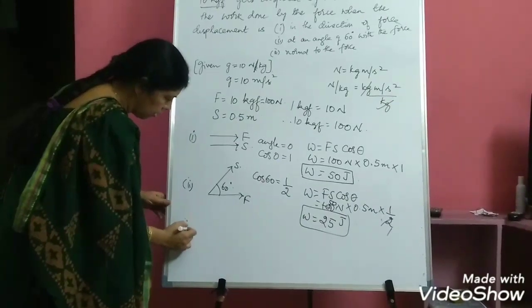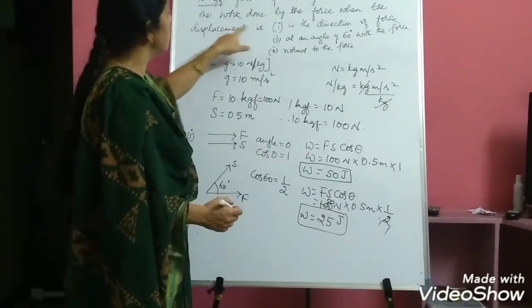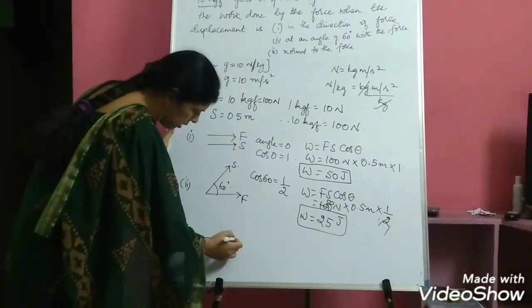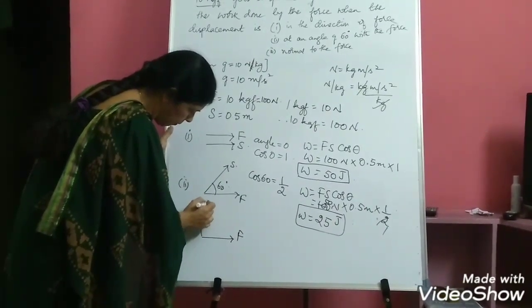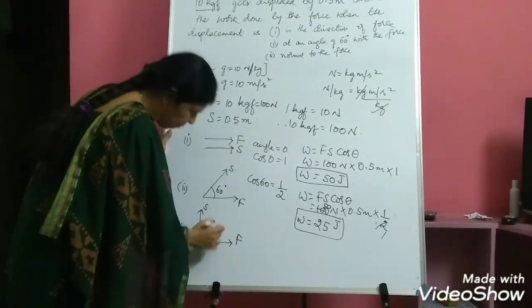Third question. What he has given, the displacement is normal to the force. So, force is acting in this direction, displacement like this. What is the angle between them? It is 90 degrees.